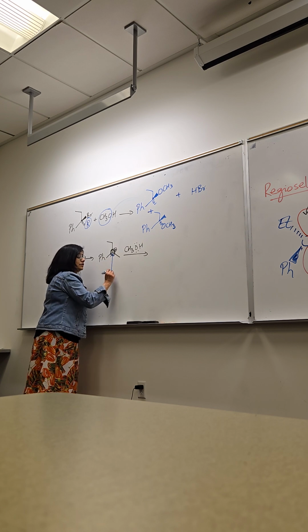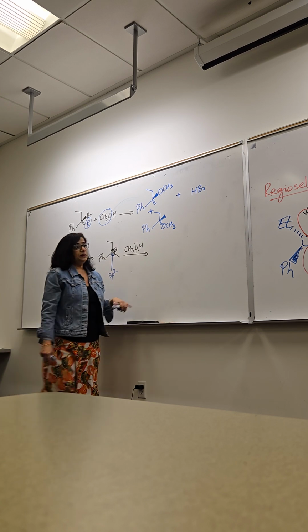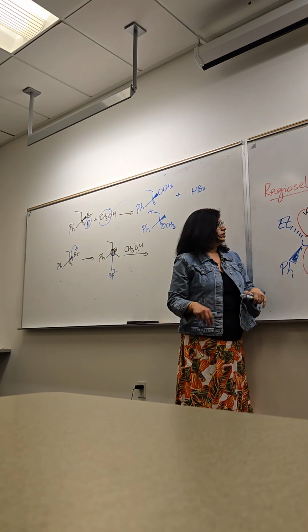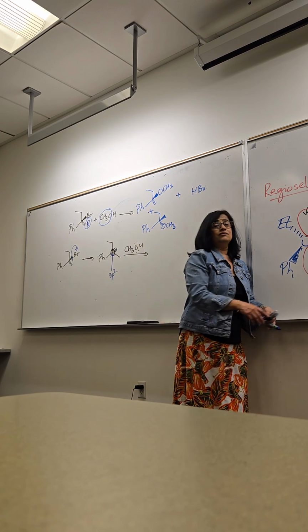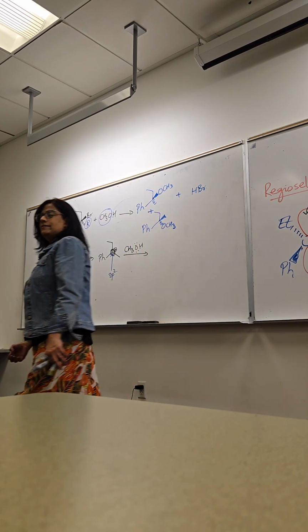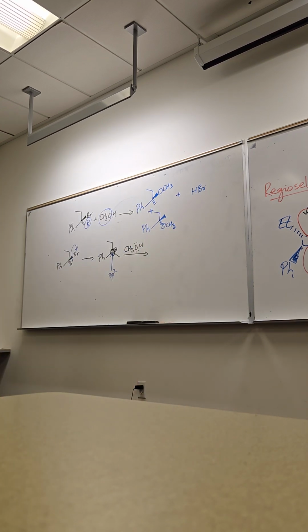If this is sp2, it's trigonal planar, which means there is an unhybridized p orbital that's perpendicular to the plane of the trigonal plane. So where does the nucleophile come from? Does it come from the top or the bottom? Both. When you have a carbocation, stereochemistry is lost.